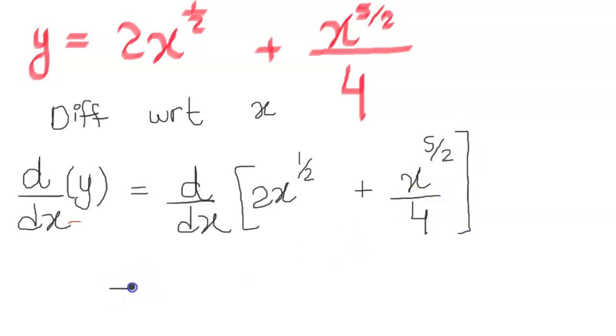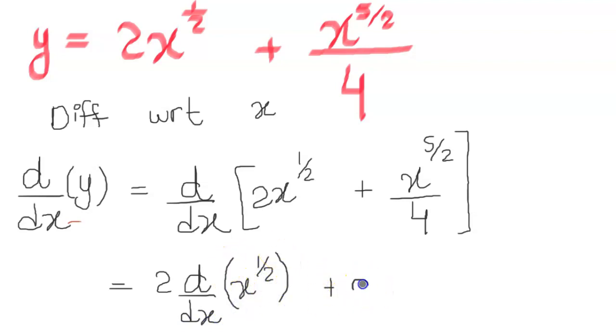Now to differentiate, the constant here is 2, so 2 comes out. I need to differentiate the x to the half, plus, I can put in bracket, plus d over dx. Oops, sorry, one mistake. This 4 is a constant, so I can bring the constant down.